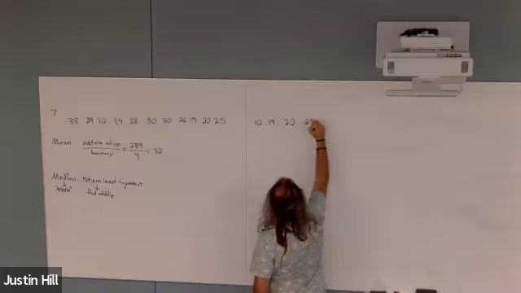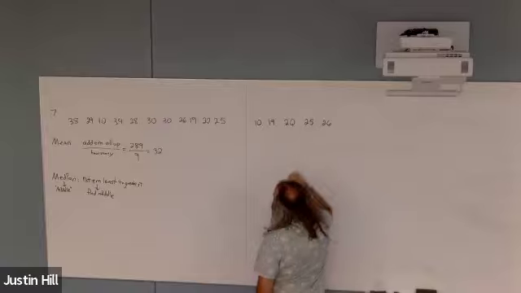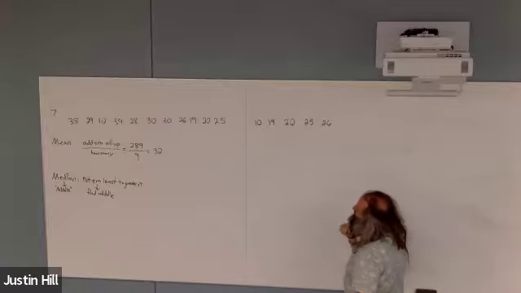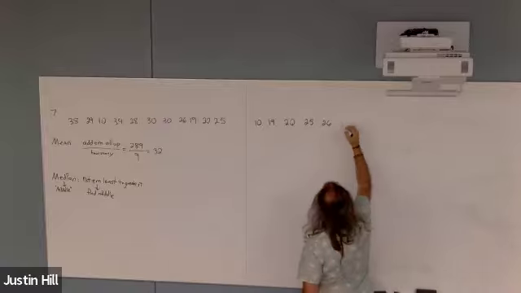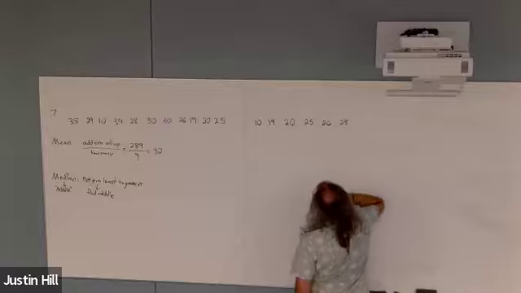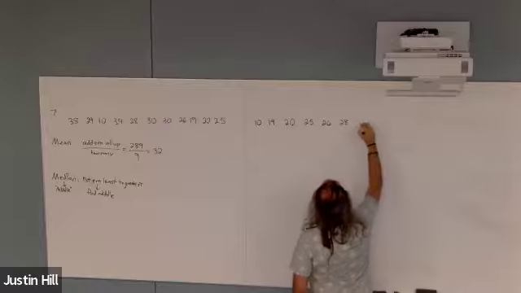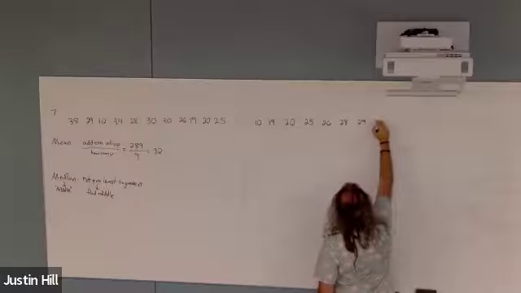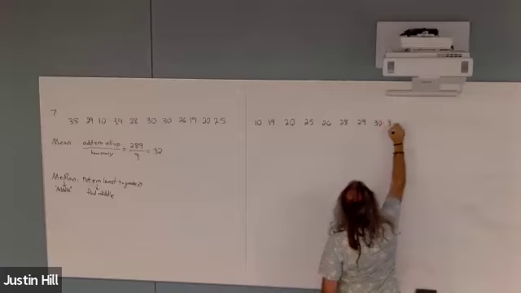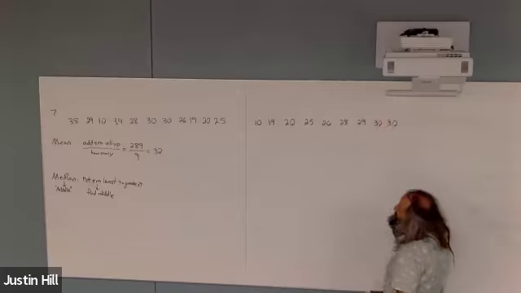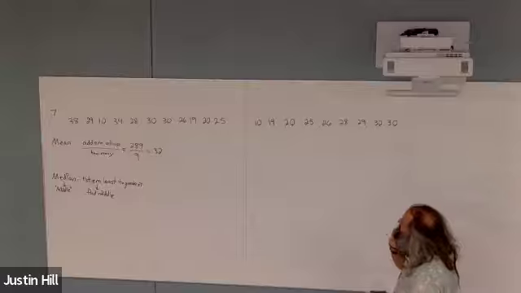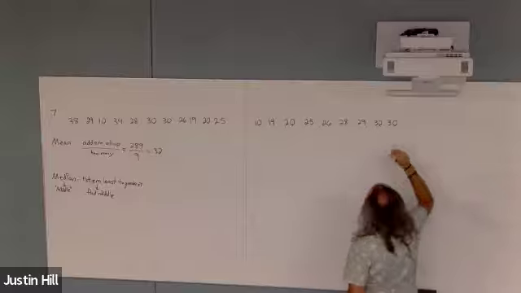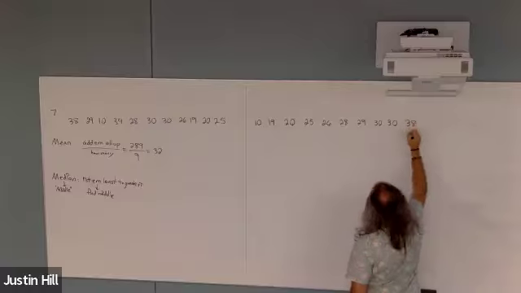There's a 25, a 26, a 28, a 29, then some 30s. And it looks like one really high number, relatively high.